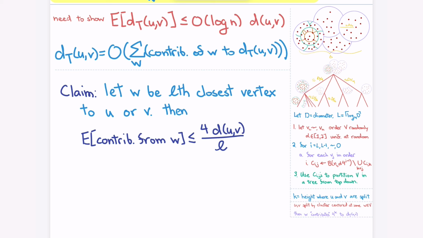So if W is the 10th closest vertex to U or V, then the expected contribution from W should be something like the distance divided by 10. So it's saying that this rank from U and V affects the thing.